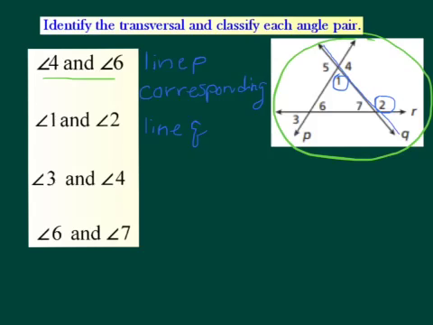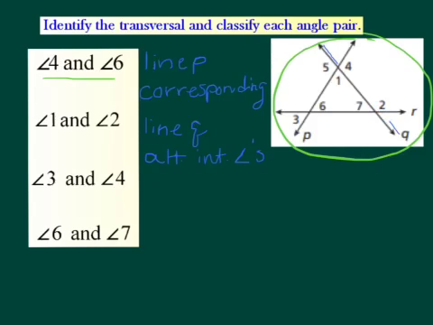And those angles are, if you look closely, on the interior of line R and line P. But they're on opposite sides of the transversal. So those two angles are alternate interior angles.